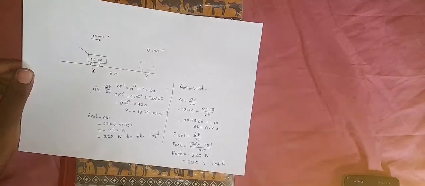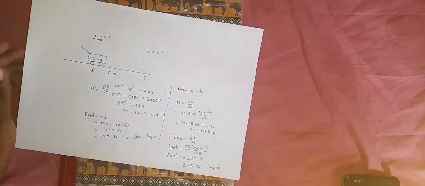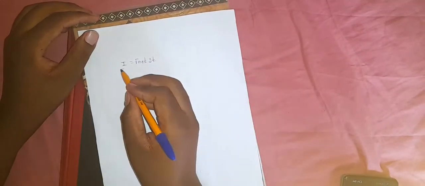Another term for Newton's second law in terms of momentum is sometimes the impulse momentum theorem. Before we conclude, let me show you this. We know that the impulse of an object equals F net times the change in time. This is the formula for impulse.